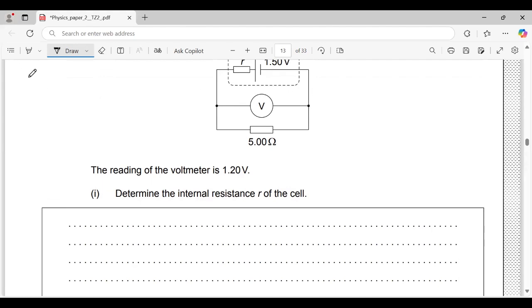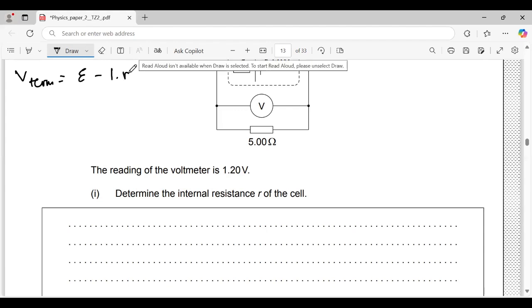The formula is V terminal equals EMF epsilon minus I times r, current times internal resistance.